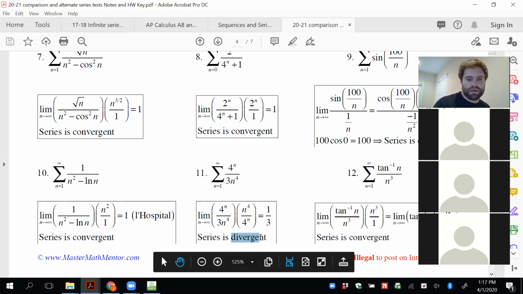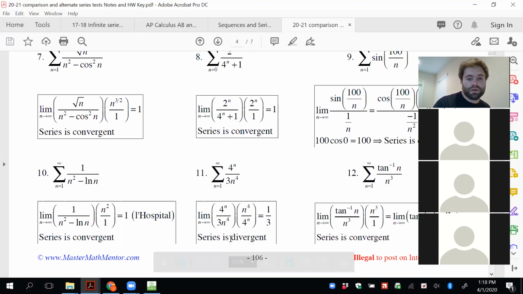I'm going to look that up and get back to you on that. Is it just because if they're using 4 to the n over n to the 4th power, each of those individual components are divergent? When do we know when we can do this to cancel out terms of the original problem? Well, I wouldn't use limit comparison test for that one. We're going to talk about ratio test today, and ratio test would make that one way easier.